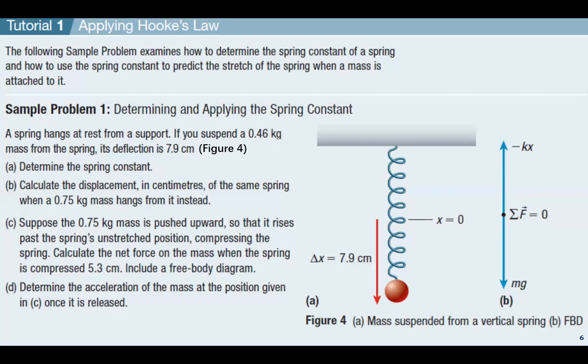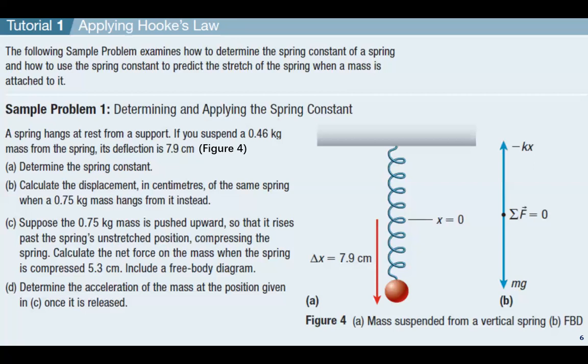So a spring hangs at rest from a support. If you suspend a 0.46 kilogram mass from the spring, its deflection is 7.9 centimeters, which is shown here in figure 4.